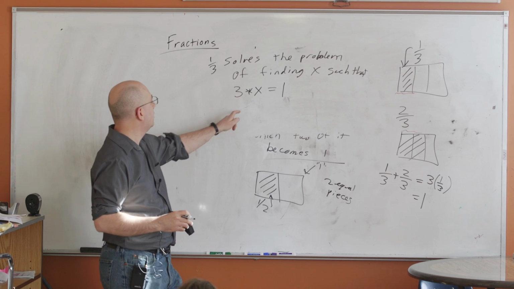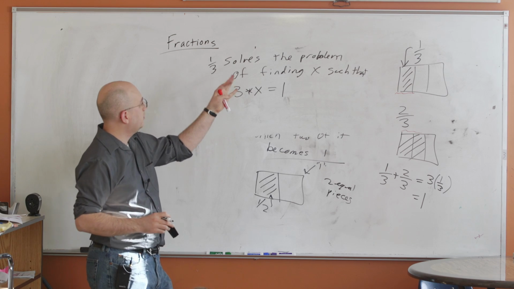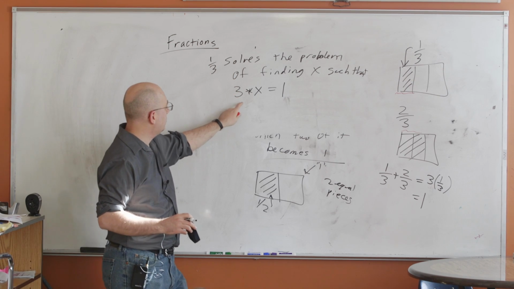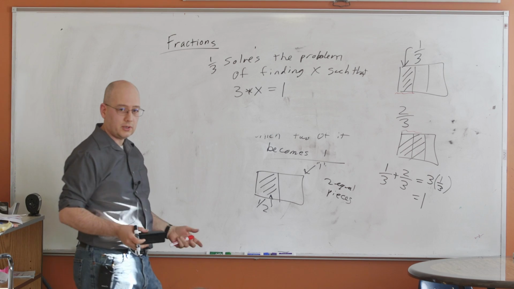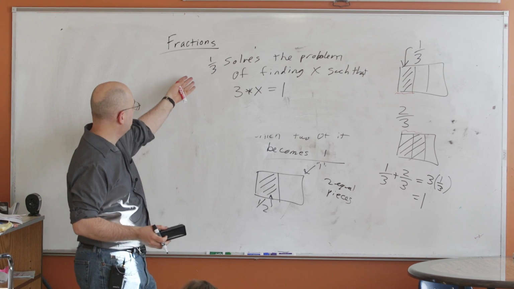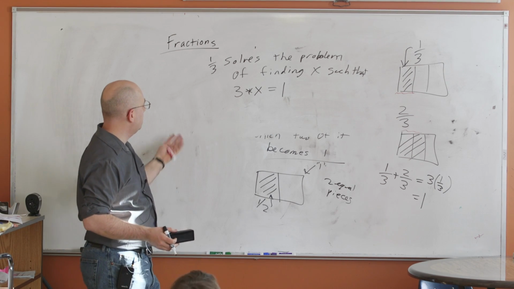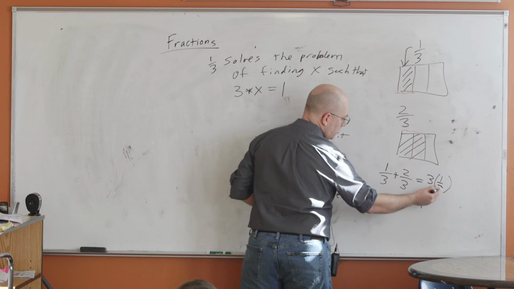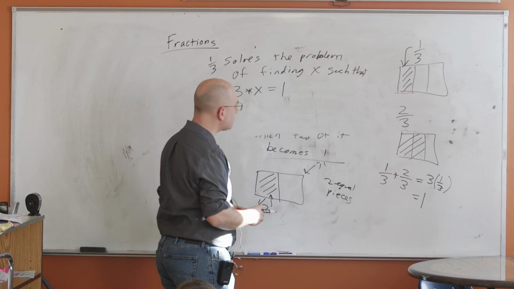You cannot find a number out of like kind of whole numbers, counting numbers, such that 3 times that is equal to 1, right? You just can't do that. But I create this thing called a third, then 3 times 1/3 is 1. And it's basically just what that means.